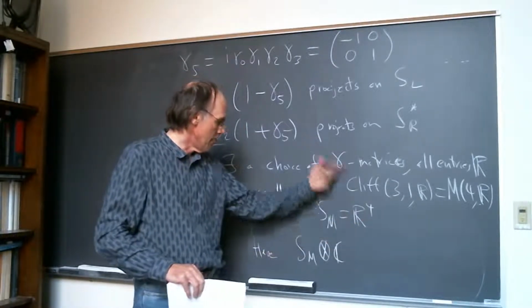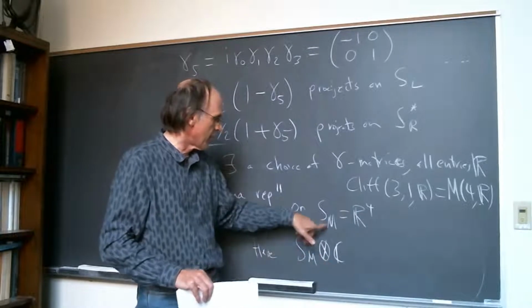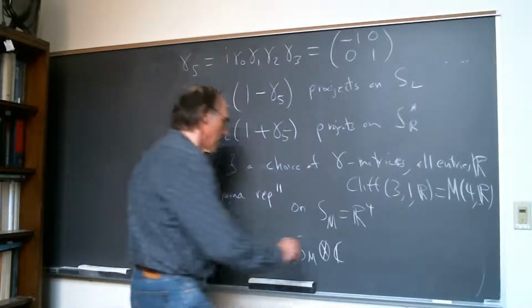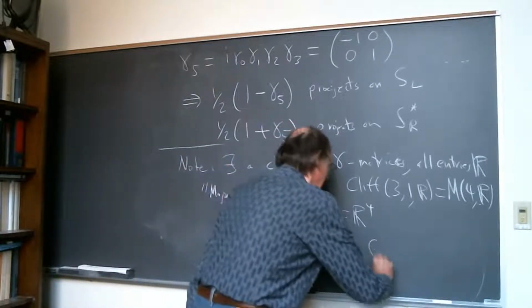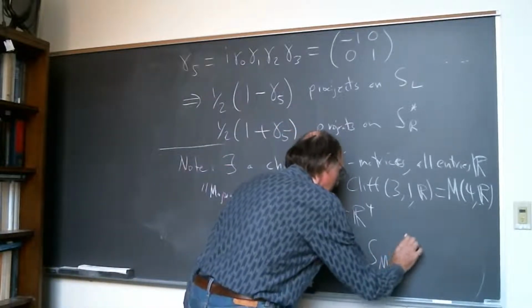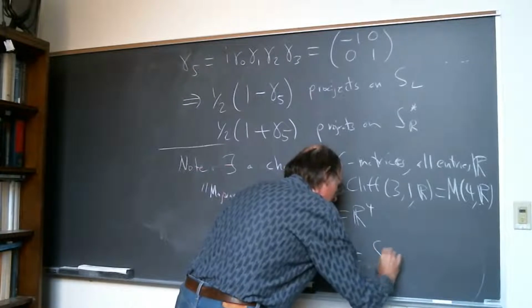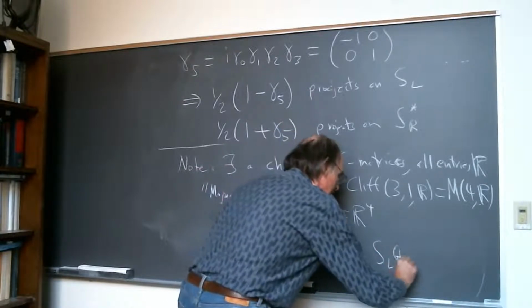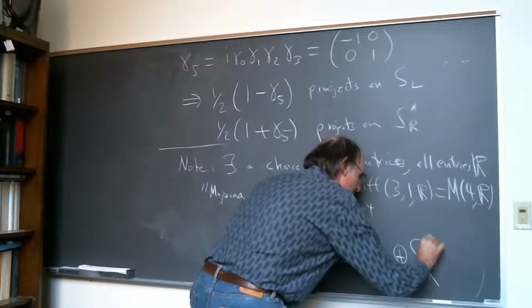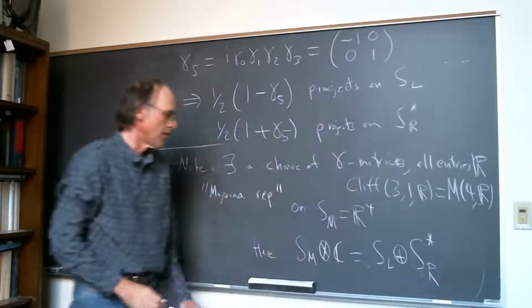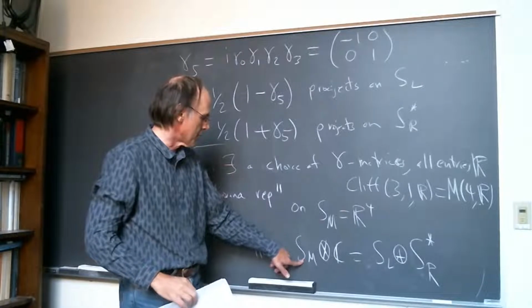But if you complexify, look at the complexified representation, that's a representation on C4, and that gives you back the Dirac combination of these two C2s.